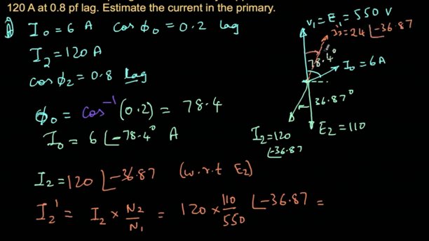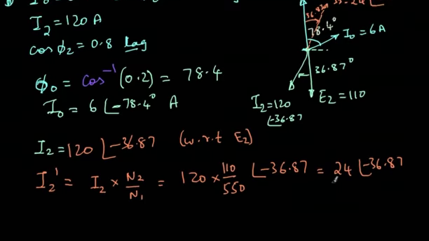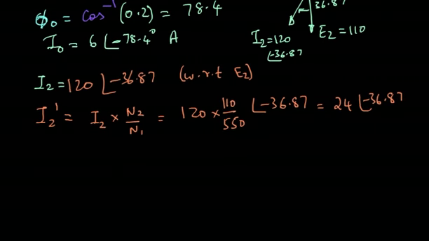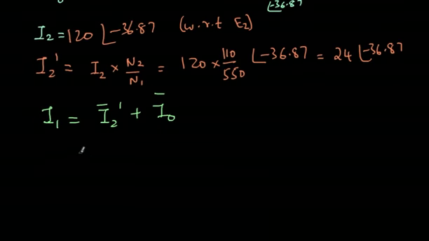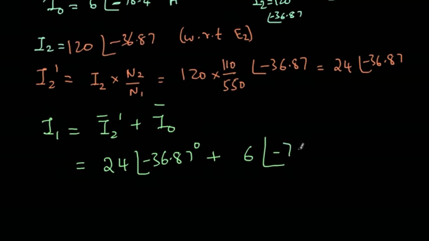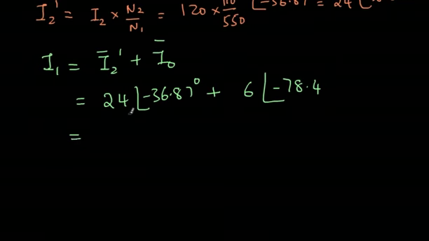So this is 24 amperes at minus 36.87. Now I have both defined. The next job is to find I1, which is nothing but I2 dash plus I0. So I have to add the two vectors: 24 amperes at minus 36.87 degrees and 6 amperes at minus 78.4 degrees. This is a straightforward addition of two polar quantities.